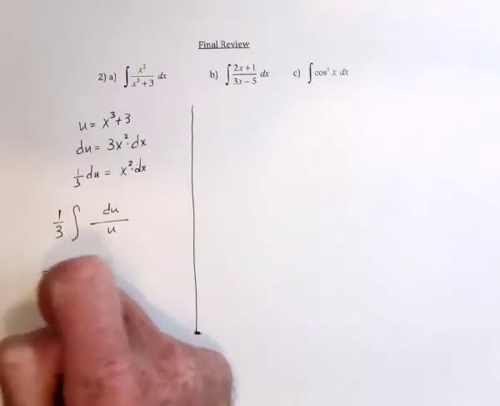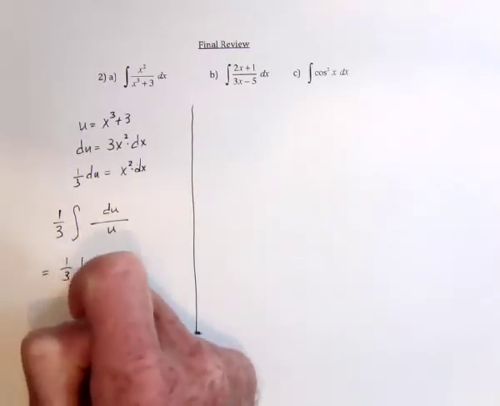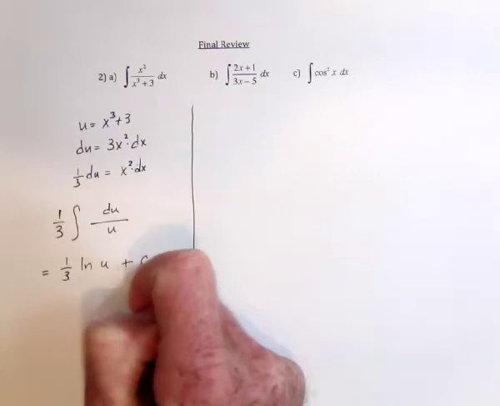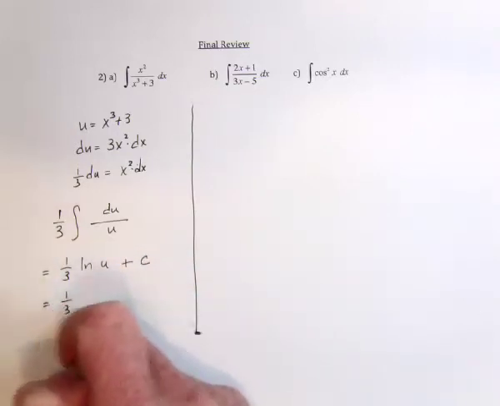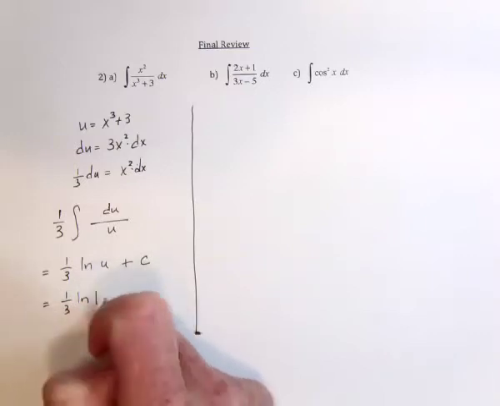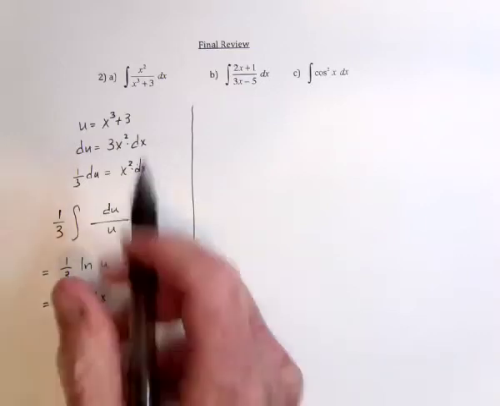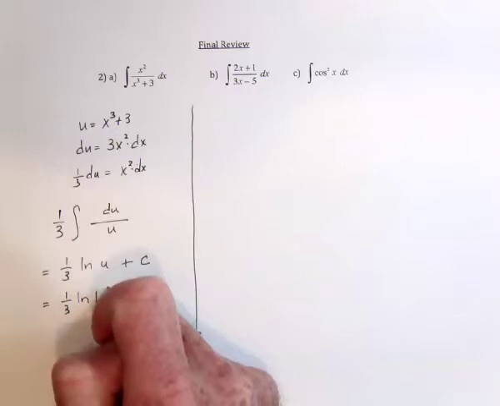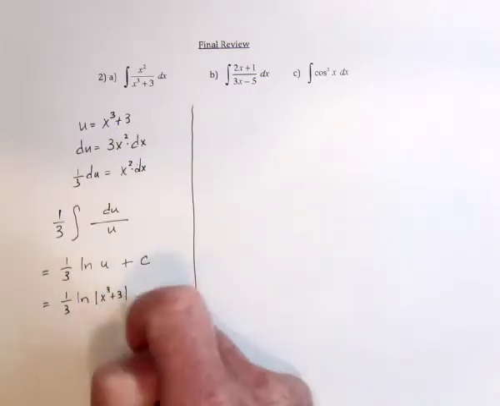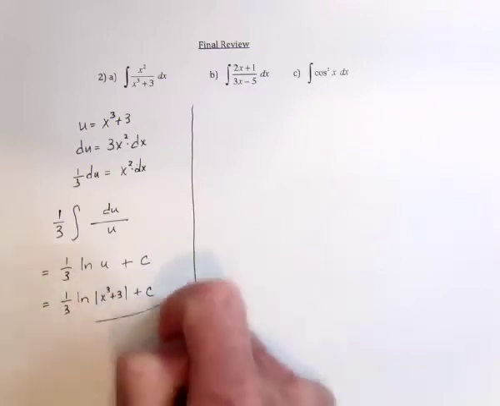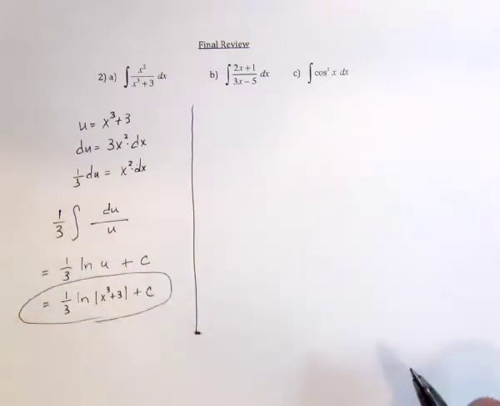So the antiderivative is going to be 1/3 the natural log of u plus a constant of integration. The last thing to do is replace the u with what it's equal to, which is x to the 3 plus 3. And technically that's supposed to be an absolute value so that you don't take the natural log of a negative number. And there we go.